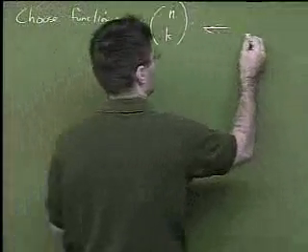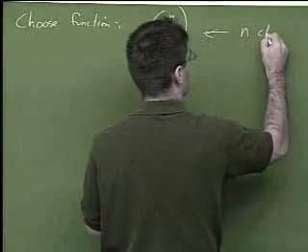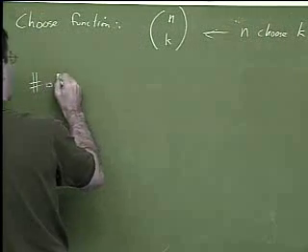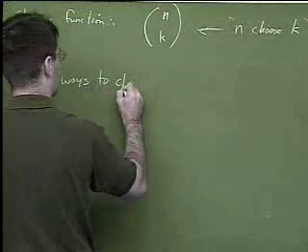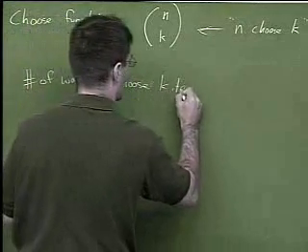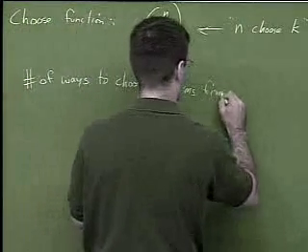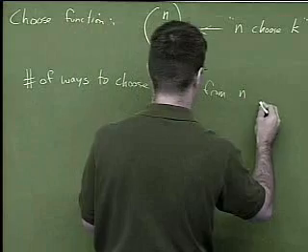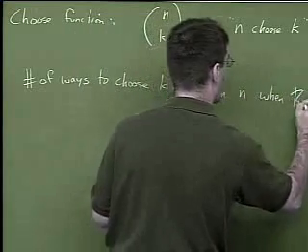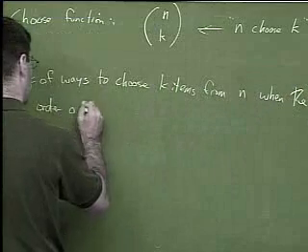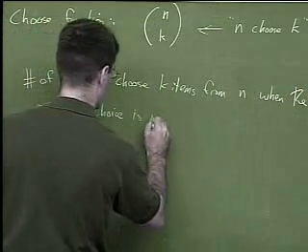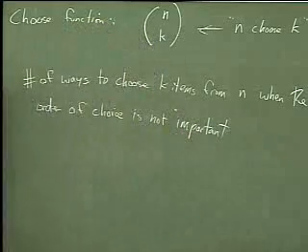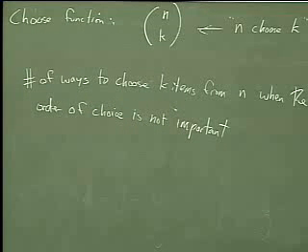And n choose k means it's the number of ways to choose k items from n when the order of choice is not important. So for instance, there's a question.